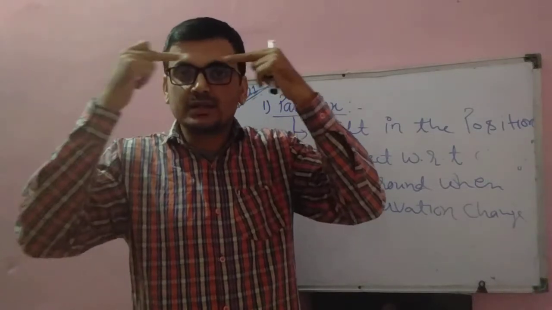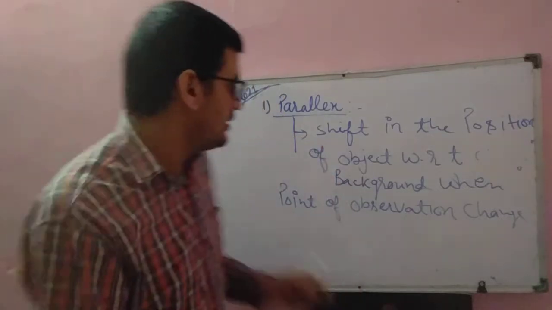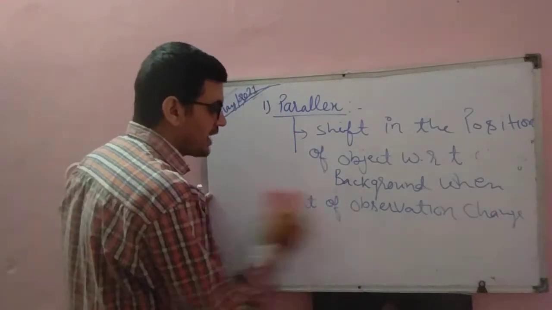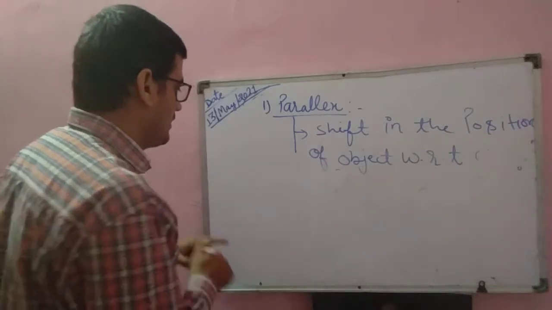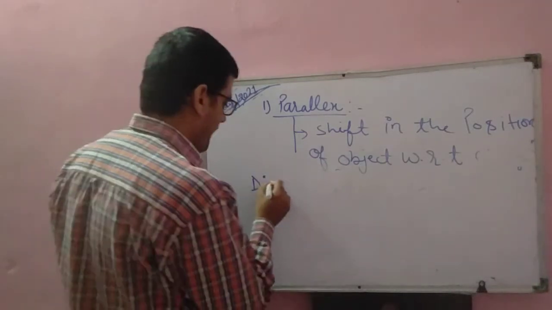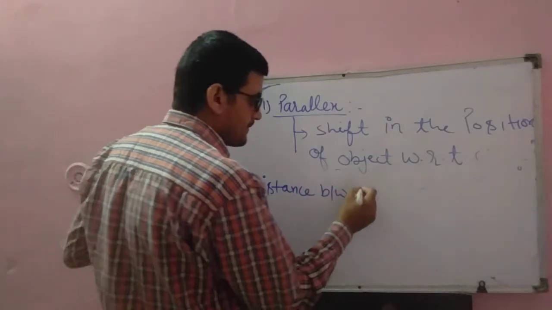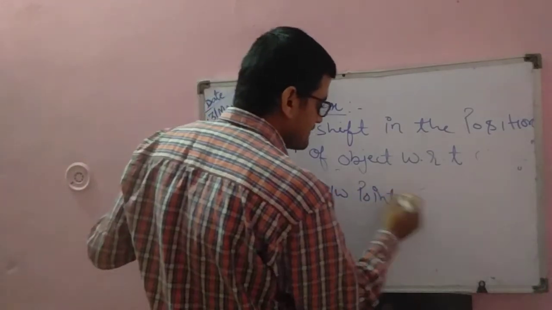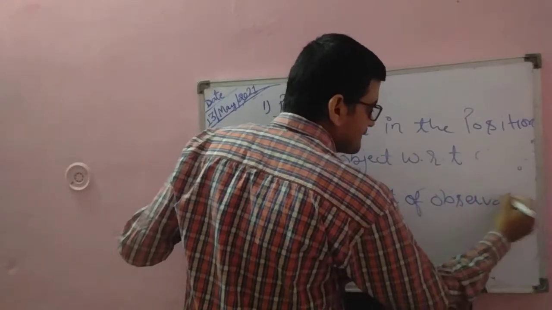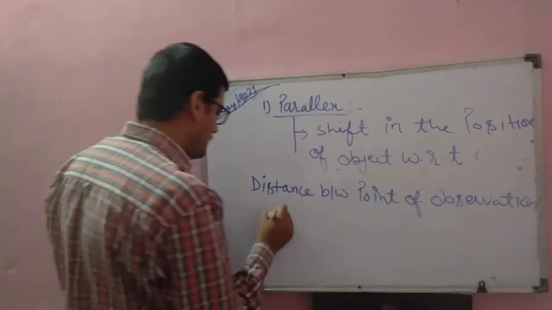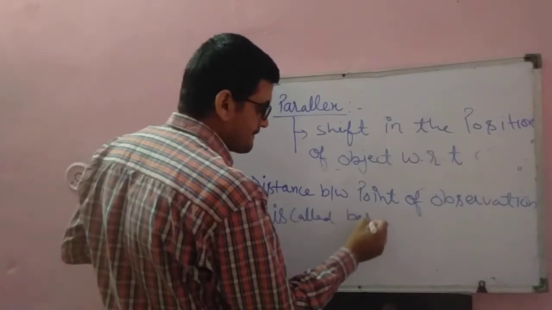The distance between these two points of observation is called the basis. First write: distance between points of observation is called basis.